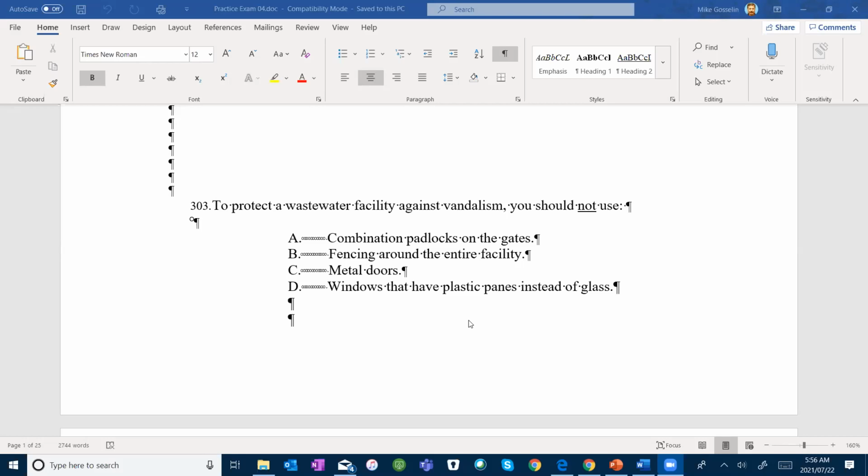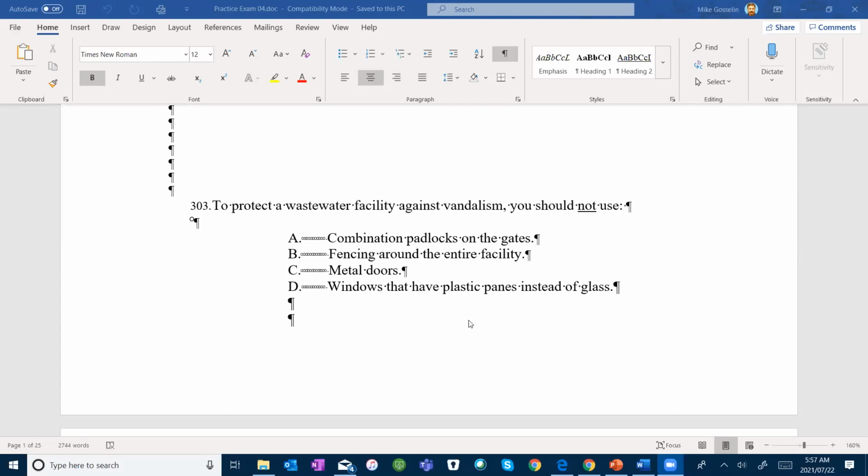Everybody's choosing D. So this question or something very similar is going to pop up on your exam for sure. The correct answer that they're looking for is combination padlocks on gates. The thought process behind that is somebody can come along and figure out the combination or cut the padlock off the gate.